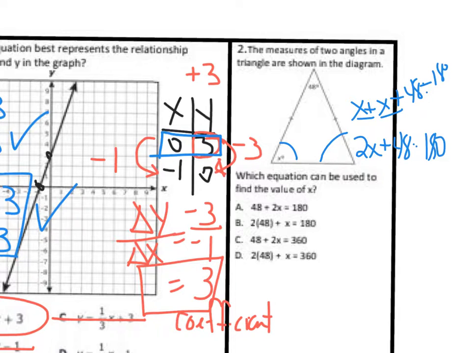If you weren't able to do the notes, you need to go into Google Classroom and do your notes. So that means my answer is going to be letter... Well, if you look at C and D, yeah, it says 360, so those are wrong. So it has to be letter A. And that's how you know that that is a correct equation. Any questions on that?